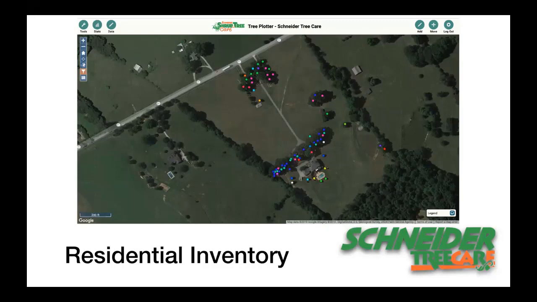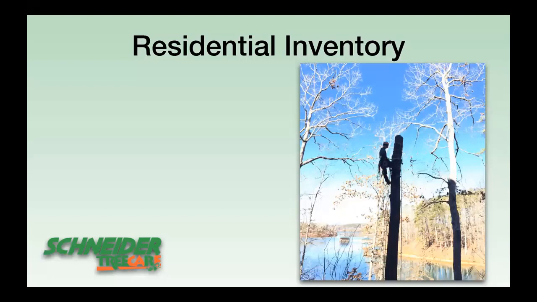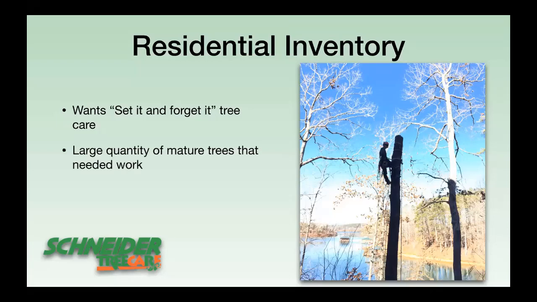And he wants to manage these trees on the site and keep this as pristine as possible. He's more of a set it and forget it kind of guy. He doesn't really want to have to worry about it. He owns multiple car stores, and he wants to be able to just say, you worry about the trees, I'll write the checks, and we'll go from there. So he kind of wants that set it and forget it kind of tree care.